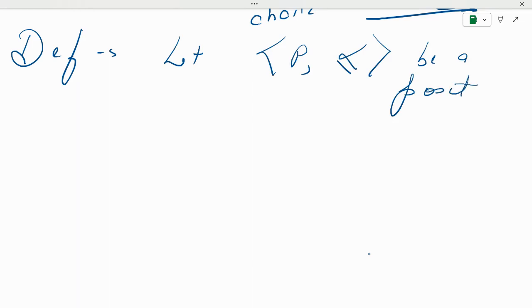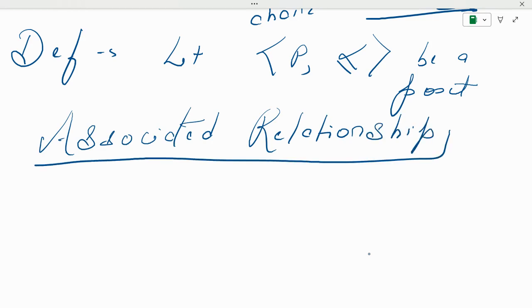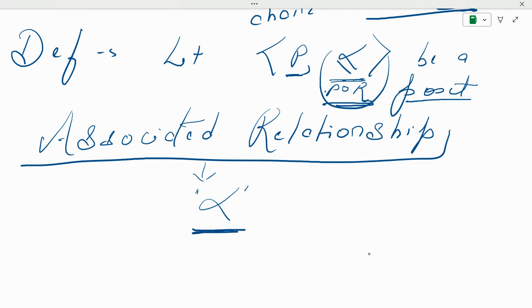Now we define something called an associated relationship, with this sign. This is the sign of POR, partially ordered relation, which we already have seen. Along with the set on which it is defined, we call it a poset.